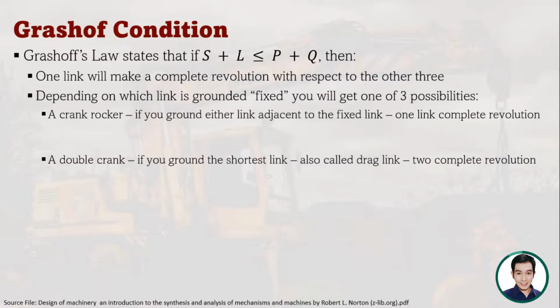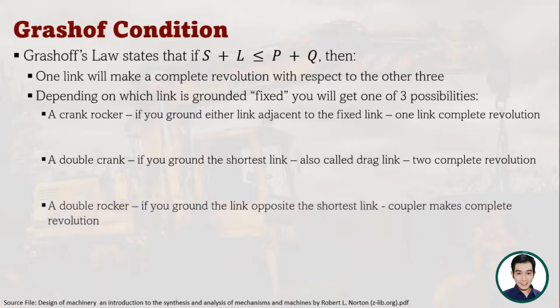A double crank inversion happens if you ground the shortest link, meaning you fix the shortest link. This is also called the drag link. For the drag link, 2 links will have complete revolutions, while for the crank rocker, only 1 link will have a complete revolution.